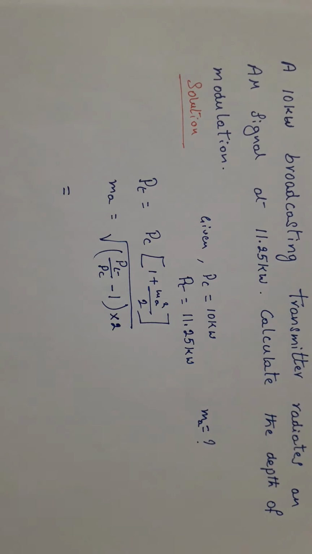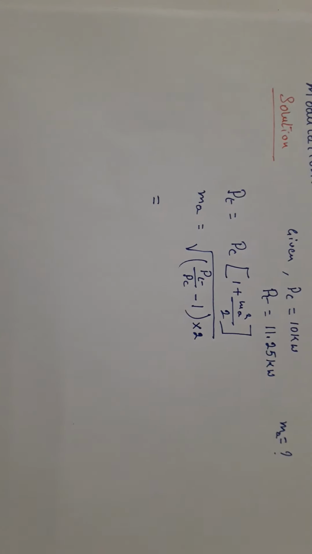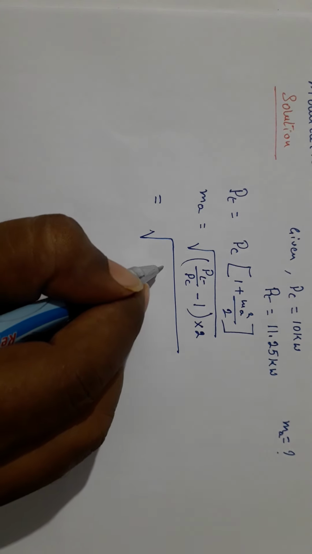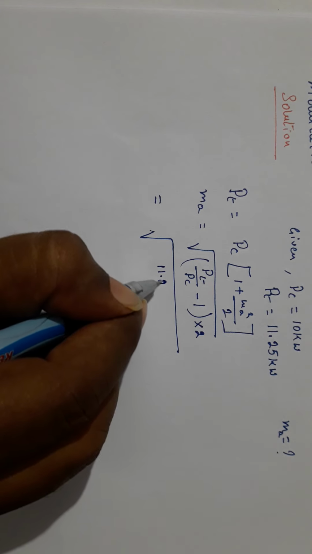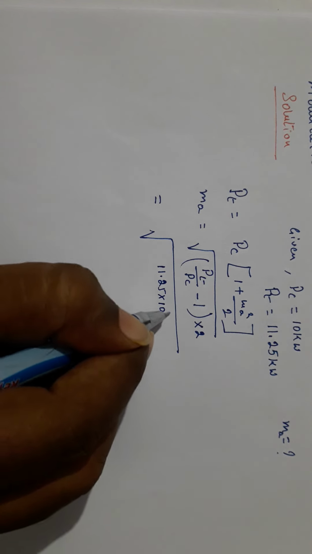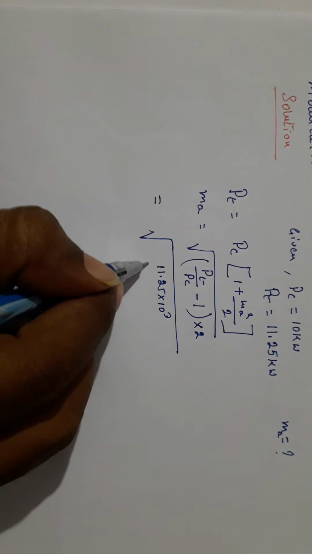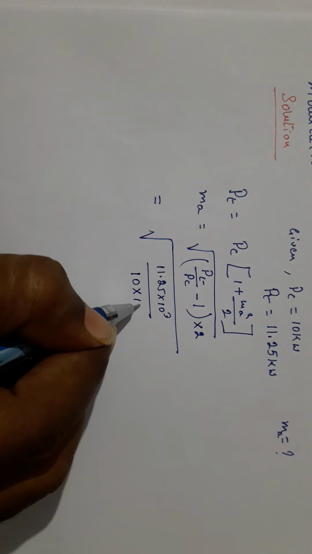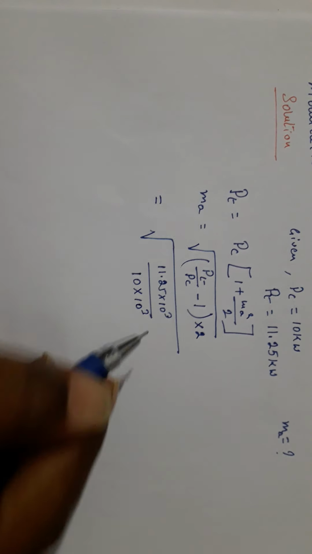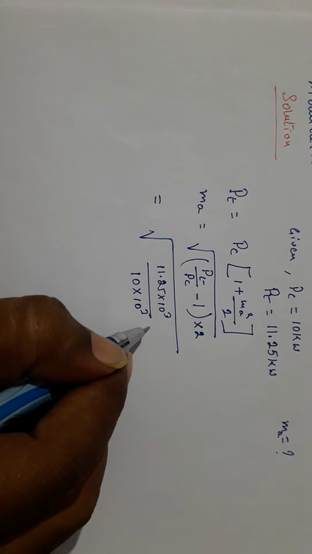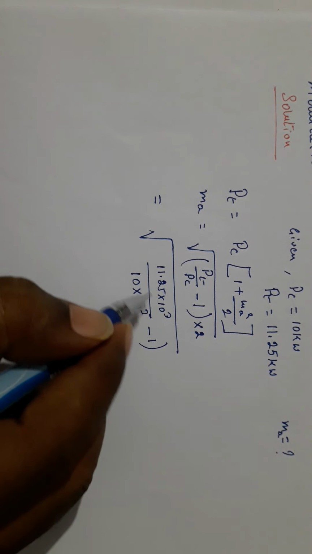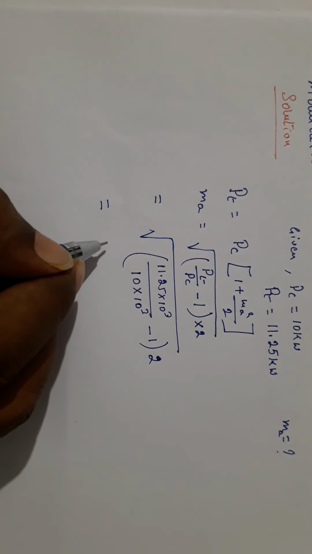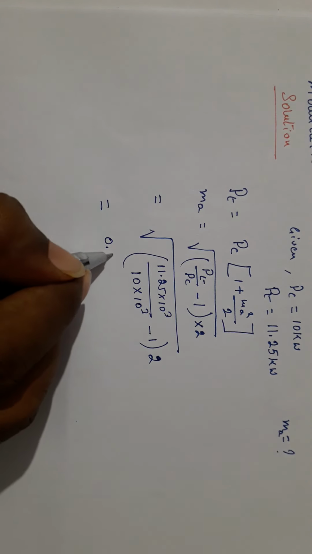Substituting the values, 11.25 kilowatt over 10 kilowatt, minus 1, into 2, we get 0.5.